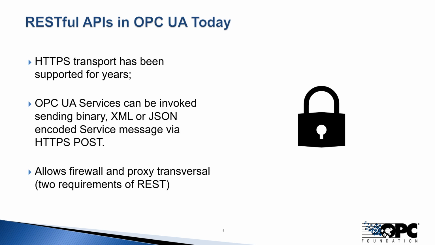And you can do all of your interactions with the UA server via this REST-like interface. As soon as you start using HTTPS, you now have a mechanism that supports the decoupling, which is an important part of the REST architectural principles, such as getting through firewalls and proxies.